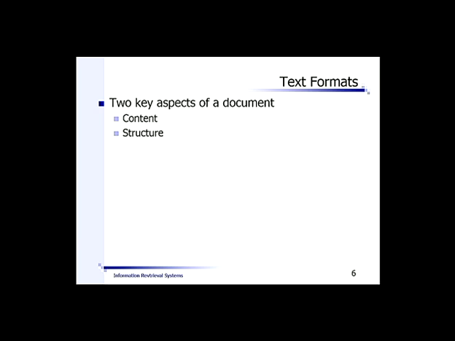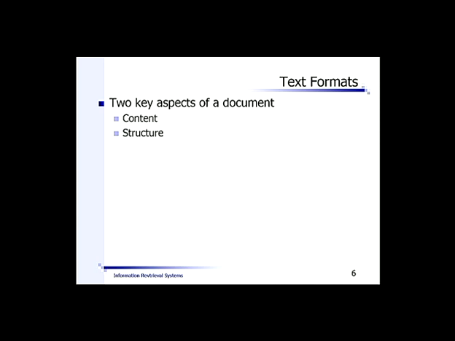Talking about the format, there are two key aspects of every document: the first is the content and the second is the structure. As I just said, the first thing is to know the characters, the words, the vocabulary, and the second is to understand the structure, or the formation of the sentences, or how these pieces are connected together to make meaningful information.